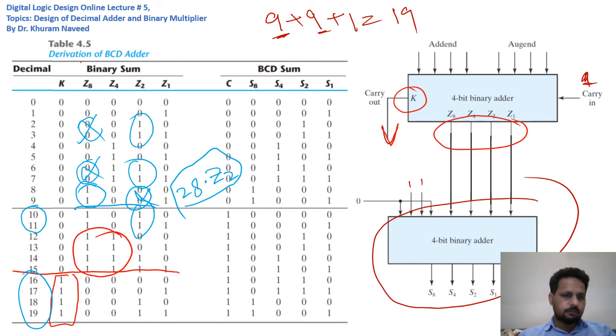Although Z4 is 1 for 4, 5, 6, and 7, Z8 is absent, so this condition is only present here.